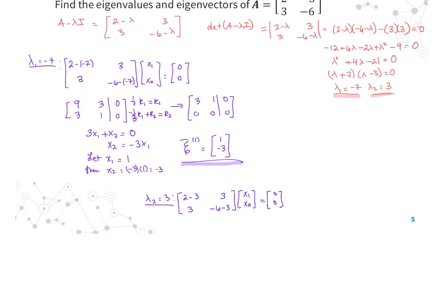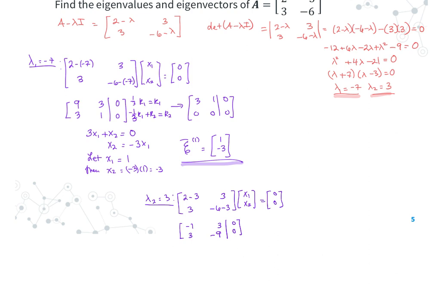A minus lambda I, right? We need it to help us solve Ax equals 0. So we end up with 2 minus 3 is negative 1, 3, 3, and negative 6 minus 3 gets us negative 9. And we can make it an augmented matrix and throw the zeros on here.